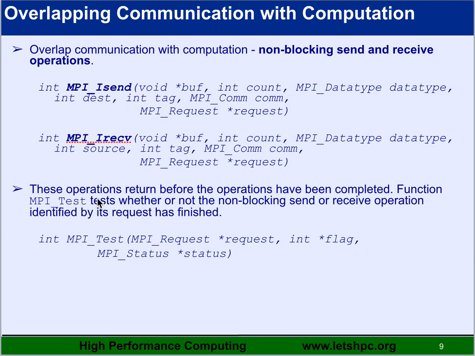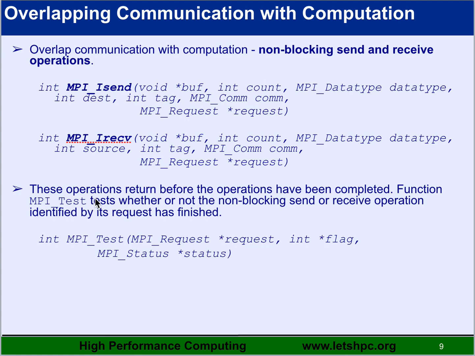And these non-blocking operations, MPI Isend and MPI Ireceive, return before the operations have been completed. So we need to test whether these operations have been completed successfully or not.